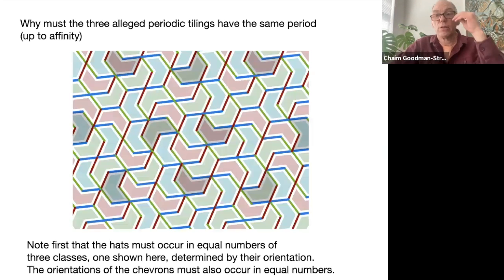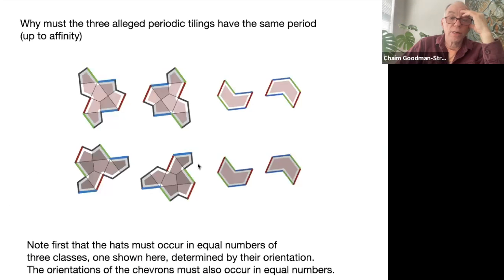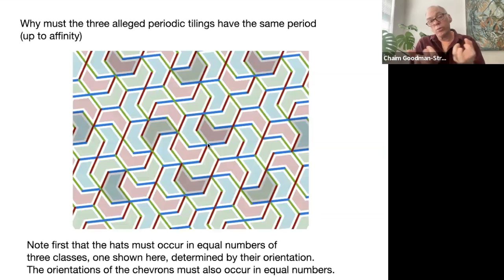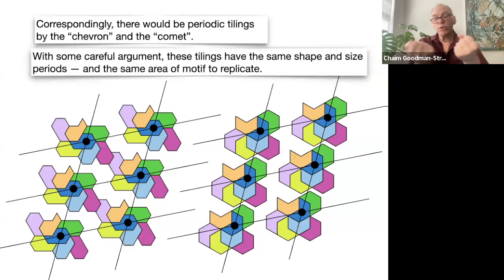I don't really want to do the whole argument, but the basic idea is that because there are equal numbers in each orientation, the map from the lattice of periods of the chevron tiling to the lattice of periods of the corresponding hat tiling has to be a similarity. It cannot be a generic affine map. Up to rotation and scaling, the corresponding periodic tilings have the exact same period. So that's the argument there.